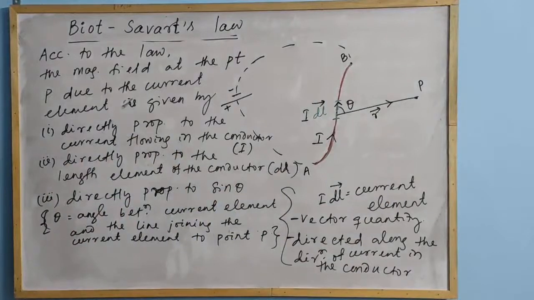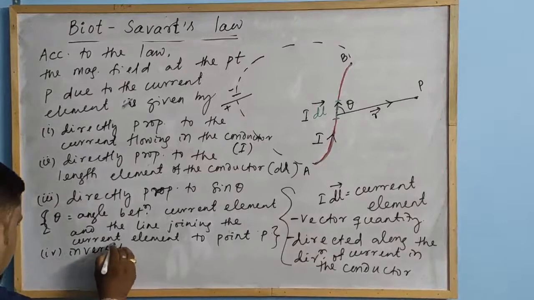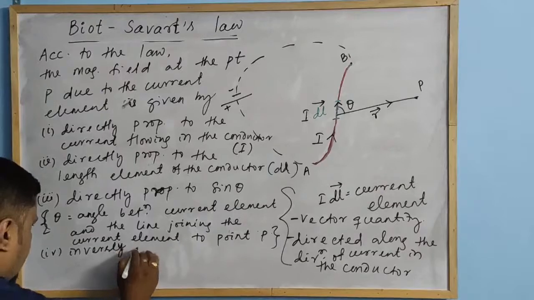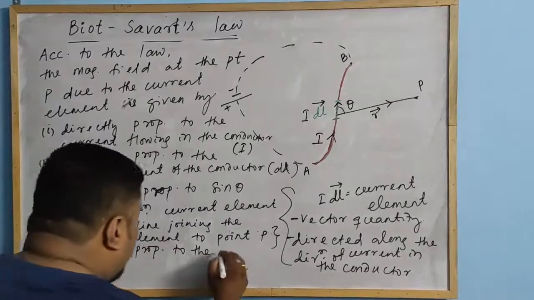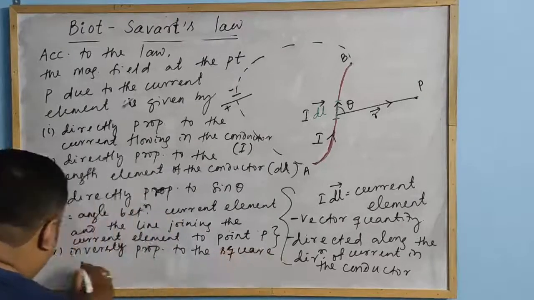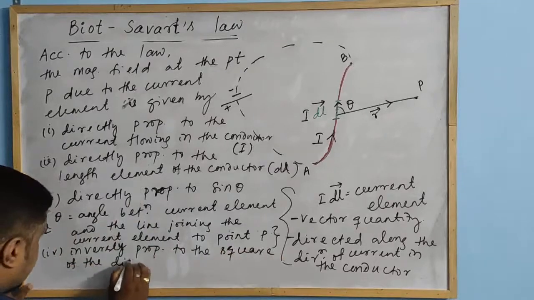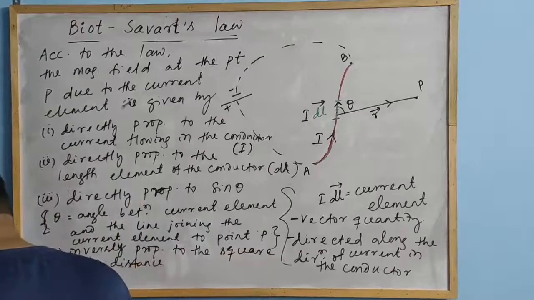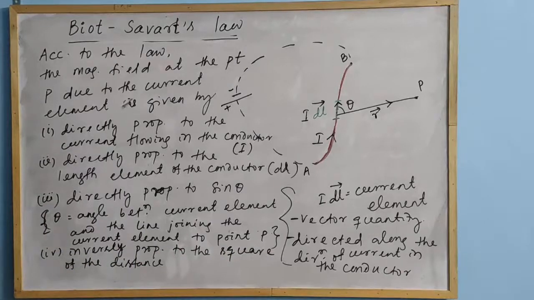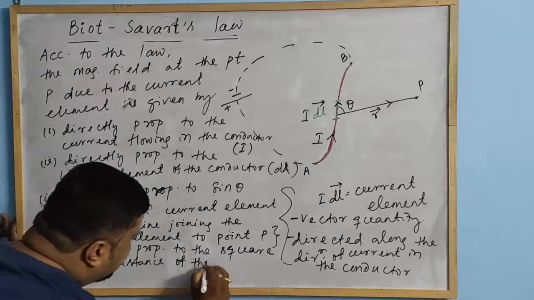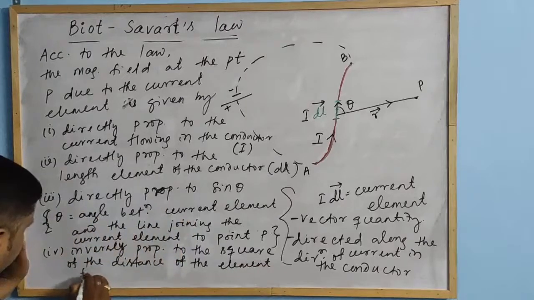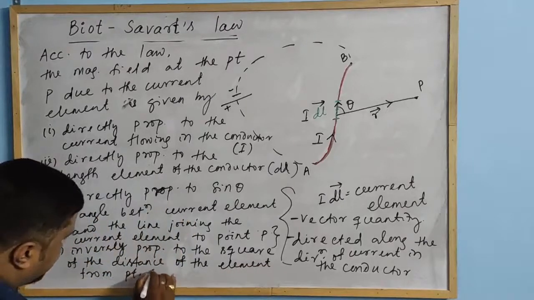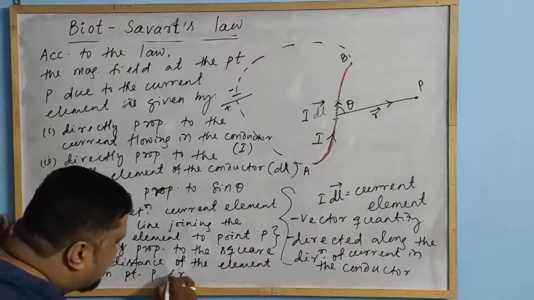Clear? Next, number 4, inversely proportional to the square of the distance of the element from point P, that is your R, magnitude.